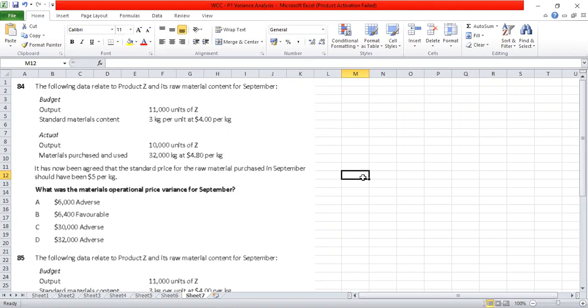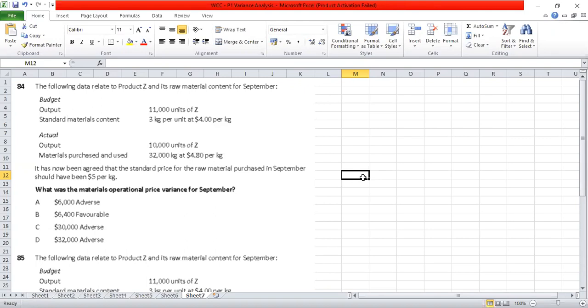Output is 11,000 units of Z. The standard material content is given as 3 kgs per unit at $4 per kg. The actual output was only 10,000 units of Z. Material purchased and used are 32,000 kgs at 4.80 per kg. It has now been agreed that the standard price of the raw material purchased in September should have been $5 per kg.